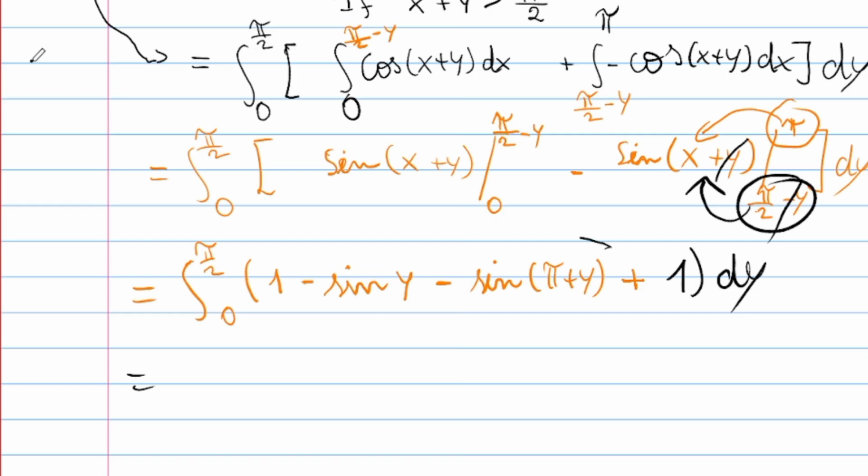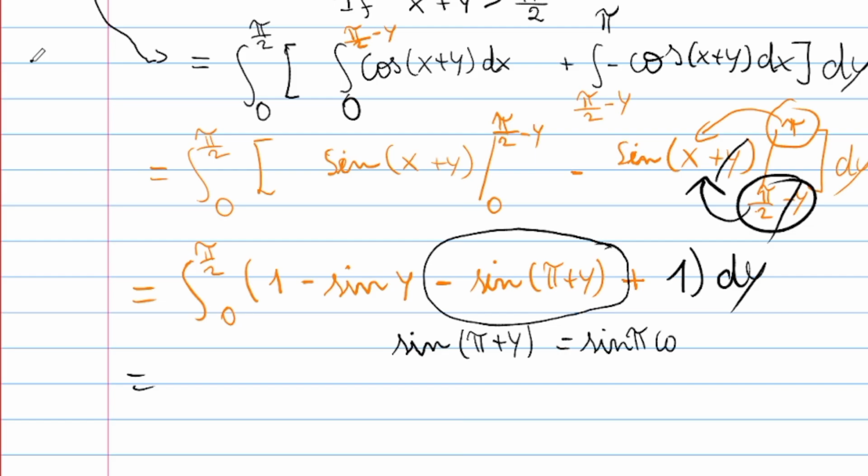And what is this? Basically, sine of pi plus y. I guess it's cosine. So we get sine pi cosine y plus sine y times cosine pi. Here we get 0, and here we get minus 1.